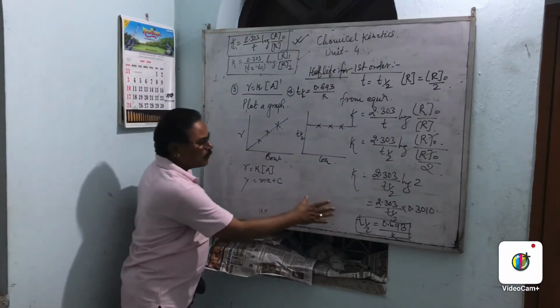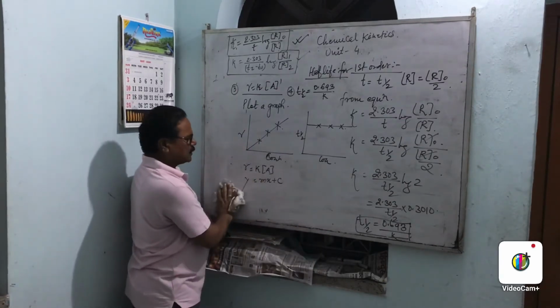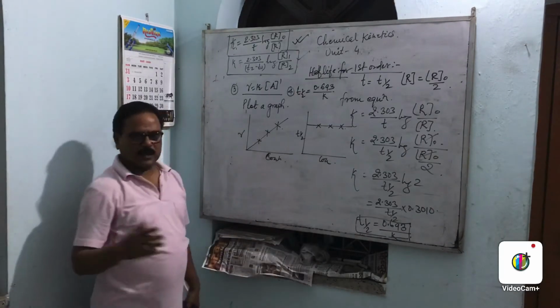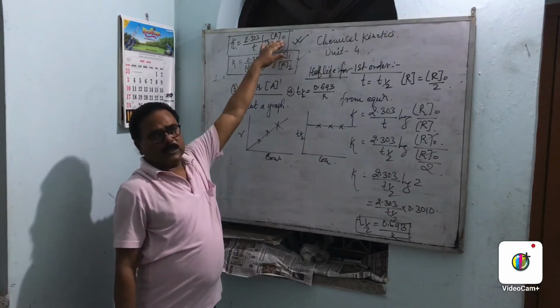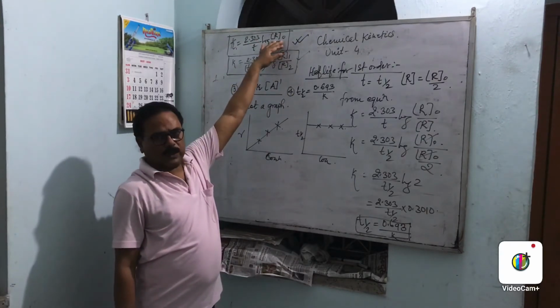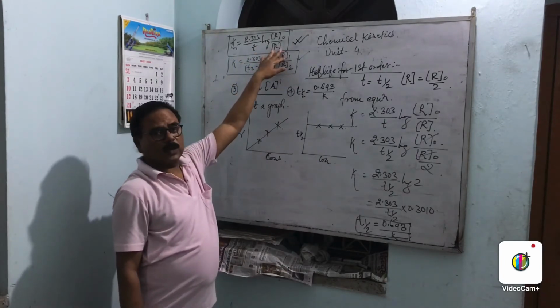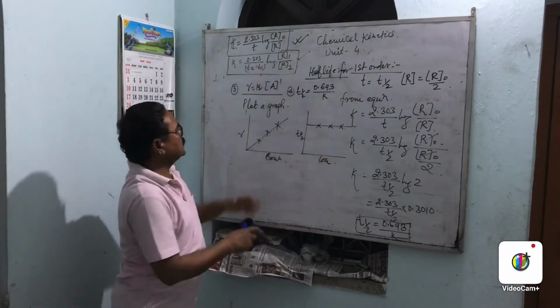So what is the use of half-life? Half-life problem is given, suppose a radioactive element whose half-life is given this much, and the initial concentration or initial amount is given, time is also given. You have been asked to calculate the R. We can easily calculate with the help of this equation.